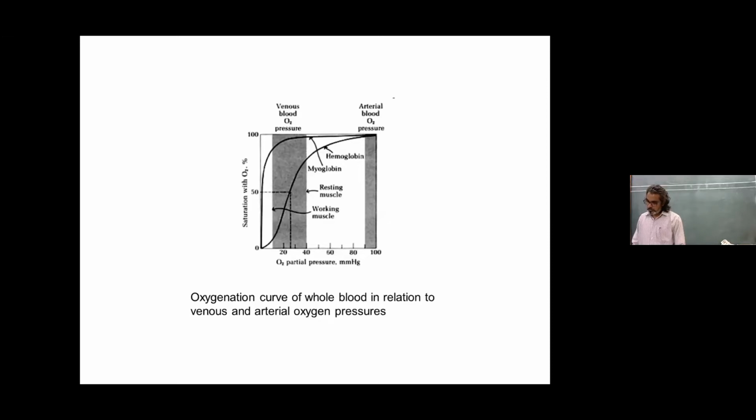And also marked regions are blood oxygen pressures in veins where oxygen gets released, and oxygen pressures in arteries or in the heart where oxygen actually is bound. Okay, so myoglobin shows hyperbolic behavior, and hemoglobin shows sigmoidal behavior.